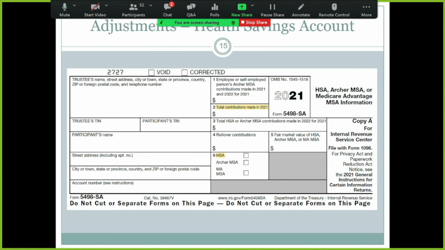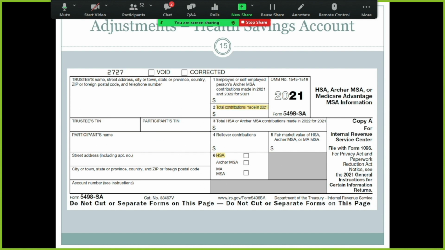Employee contributions are often noted on a W-2, box 12, and you'll see a code W. This also includes amounts that were contributed by the employee through a cafeteria plan. Contributions to an employee's account through a Section 125 cafeteria plan are treated as employer contributions, and they aren't deductible.